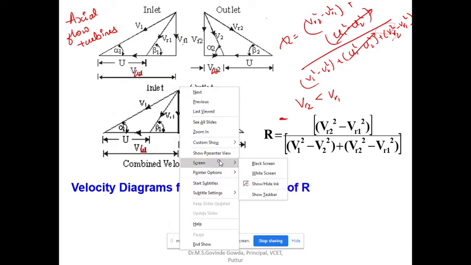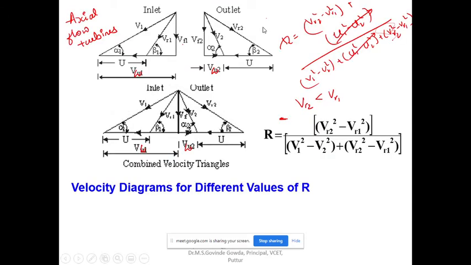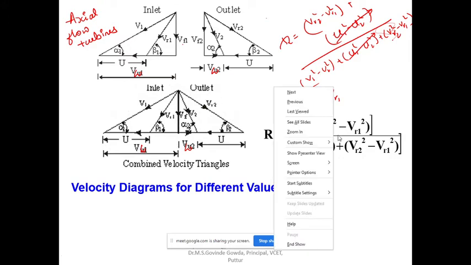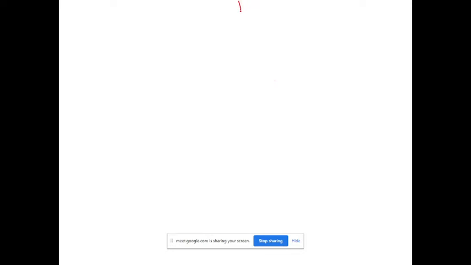On this side you write degree of reaction, and here you write condition.